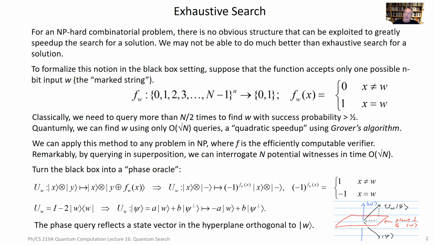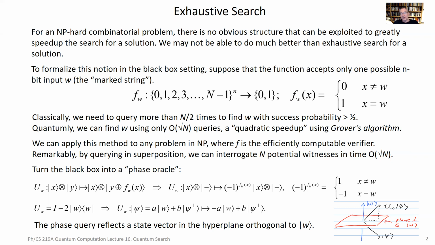Or if capital N is the total number of candidate solutions, I'd have to try at least half of them to have a probability of finding the solution successfully greater than 1/2. So I would need big omega of N queries in order to solve the problem.